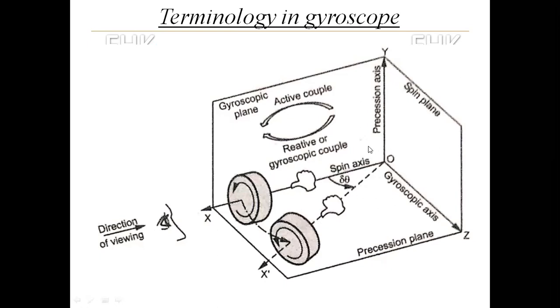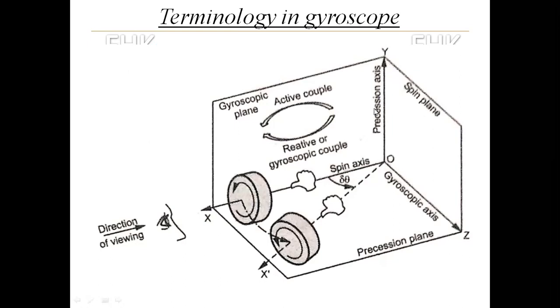And again, in the precession plane, you can see the precession axis as a point only. If you observe from the top view, you can see that OY axis as a point only. That means the complete rotor is rotating about the OY axis, and from the top view you can see that OY axis as a point only.